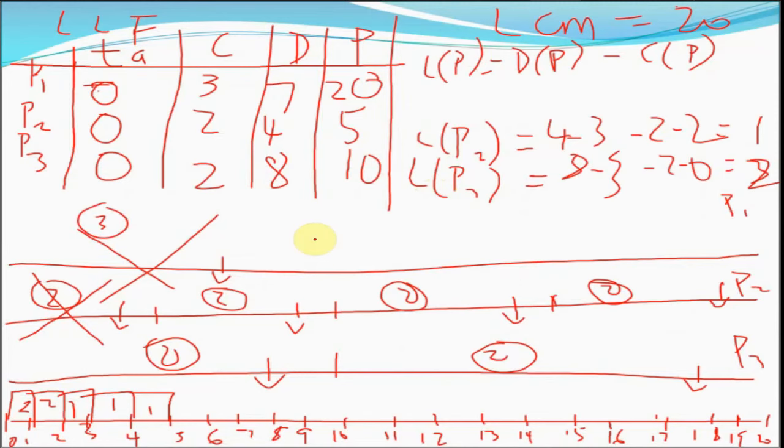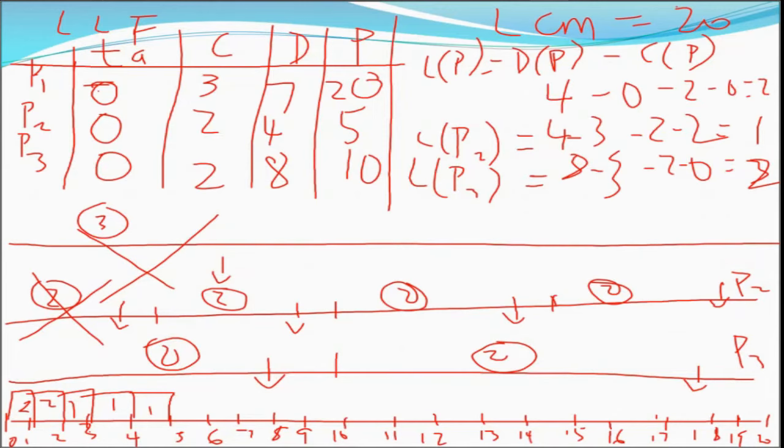And then P3. At this point, P3 is left with how many to complete? It hasn't even done any assignment. Is that okay? 5. At 5, P2 is active. Yes or no? Okay, at 5, P2 is active. However, when it is active, the starting point for P2 is 0.